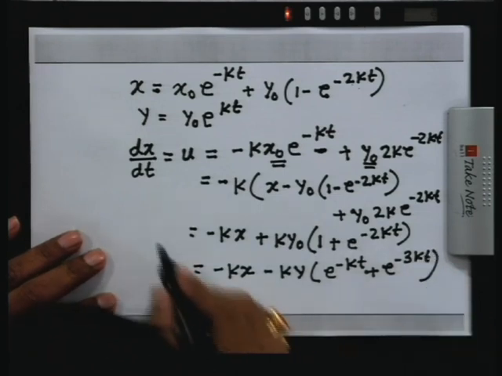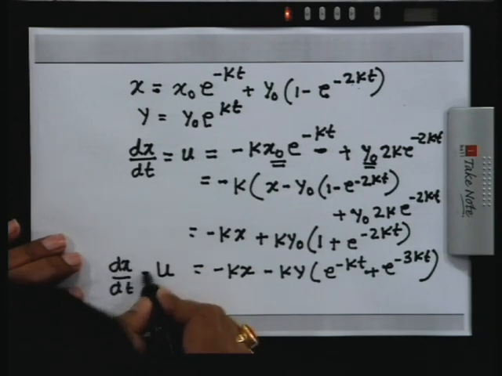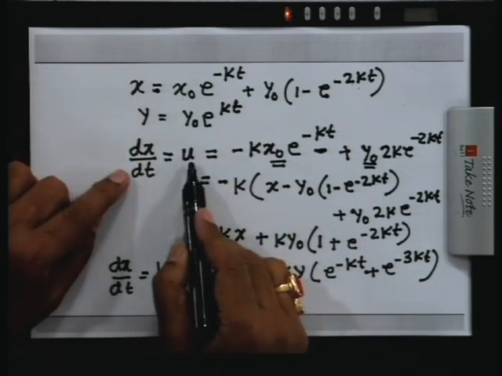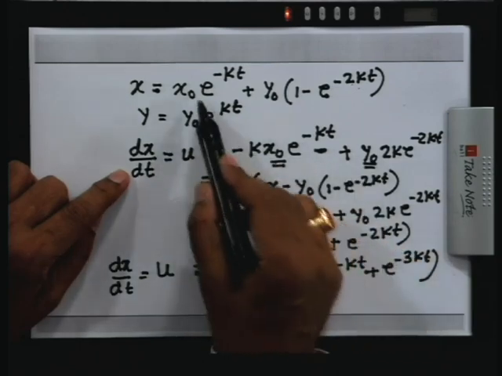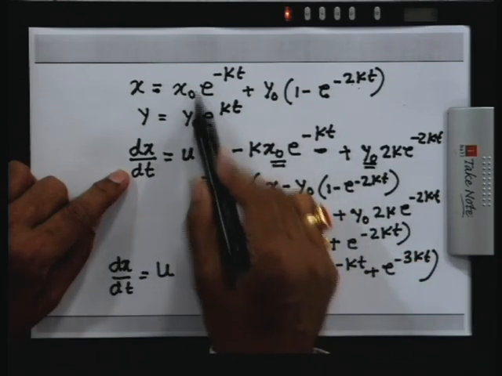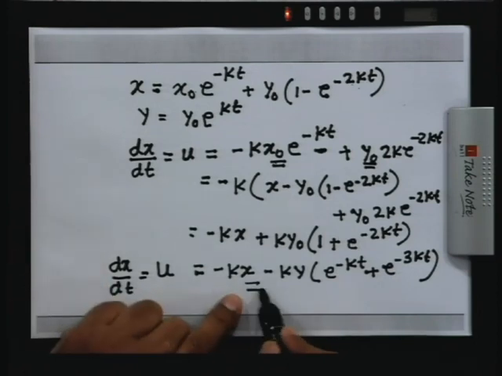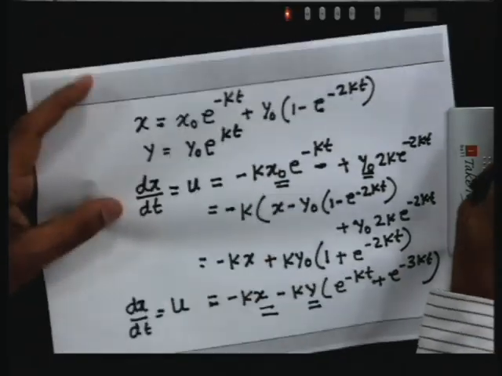And this is now dx/dt, that is u. You see, here there is no fluid mechanics, it is only mathematics: you have to differentiate to find the x component of velocity, and tactfully eliminate x0 and y0 by utilizing these two equations, so that finally u is expressed in terms of the xy coordinates and the time t.